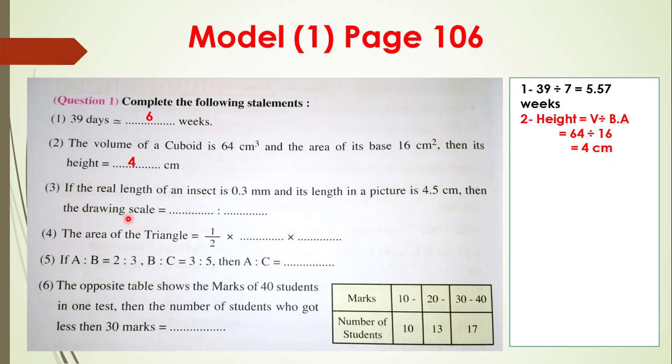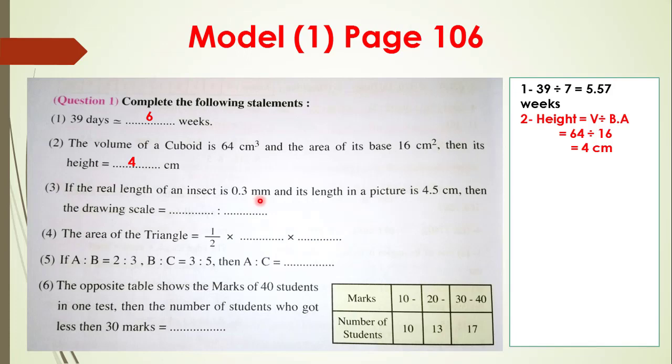Number 3, the real length of an insect is 0.3 millimeters and its length in a picture is 4.5 centimeters. Then the drawing scale equals drawing length over real length. The drawing length is the length in the picture, 4.5, and the real length is 0.3 millimeters.